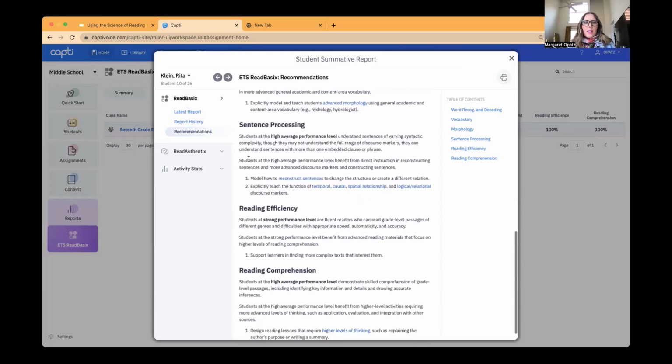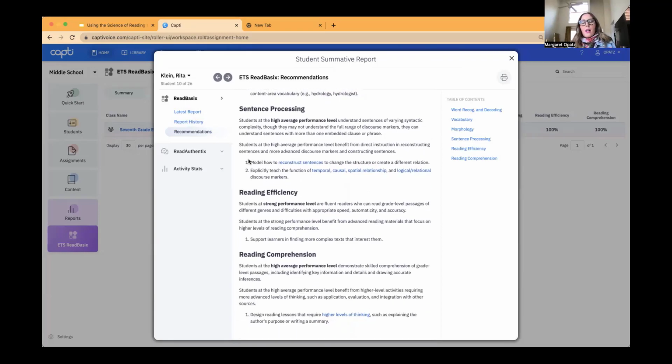And the way that these were designed is we culled together evidence-based practices, and then we created a scope and sequence for each of the foundational skills. And we looked across the performance levels and made a strategic plan that leads from one performance level to the next.